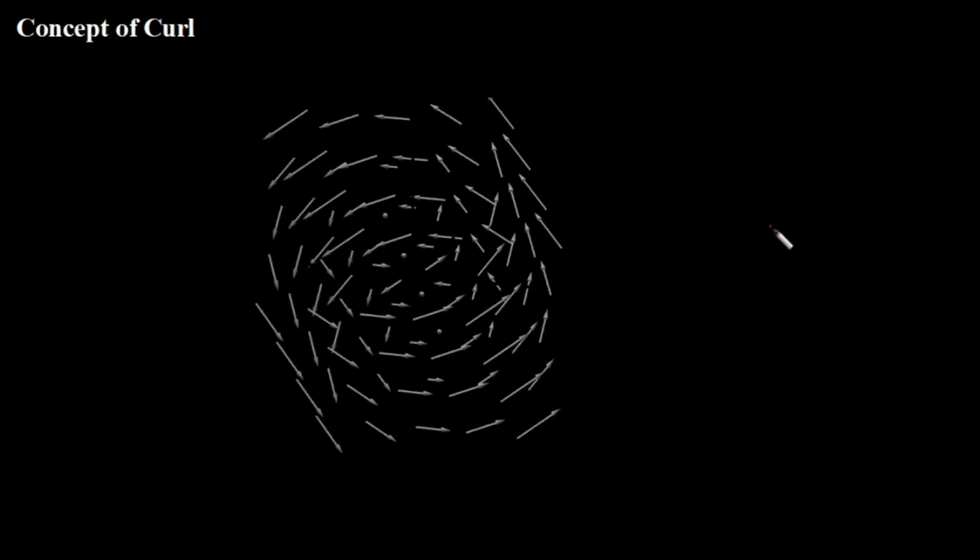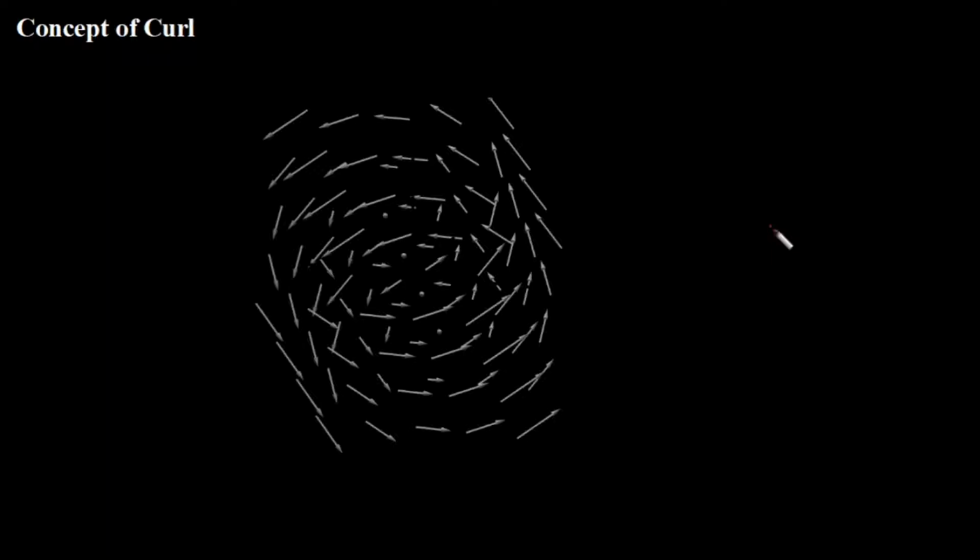In the sense, at any point on this circulatory field line, I can calculate the curl. At any point I can draw a small vector and calculate its magnitude and direction. I am trying to make it very simple. You have so many field lines around the conductor.